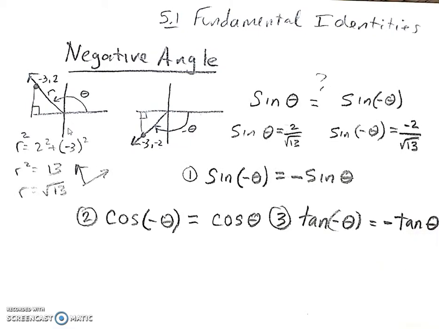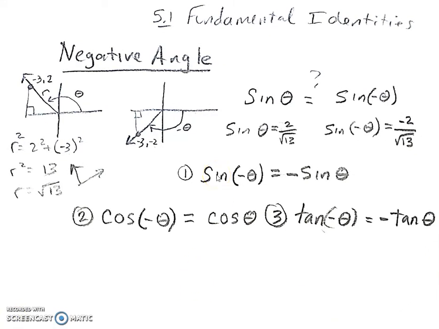Okay? So those are 3 negative angle identities. Technically there are 6 because you also have the cosecant, secant, and cotangent, but those work the same as sine, cosine, and tangent, respectively.